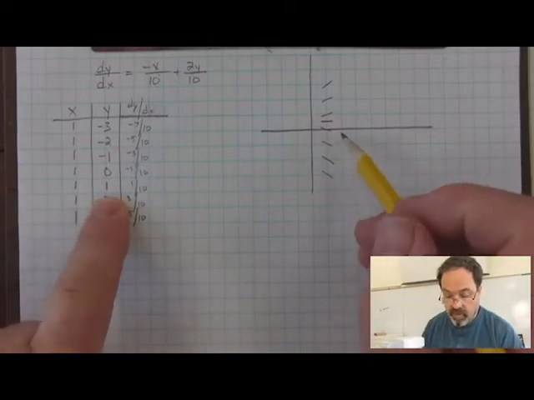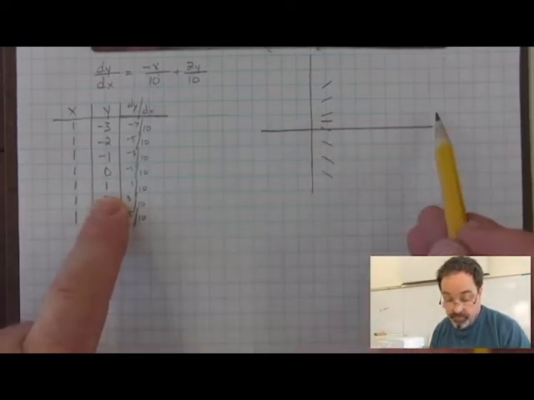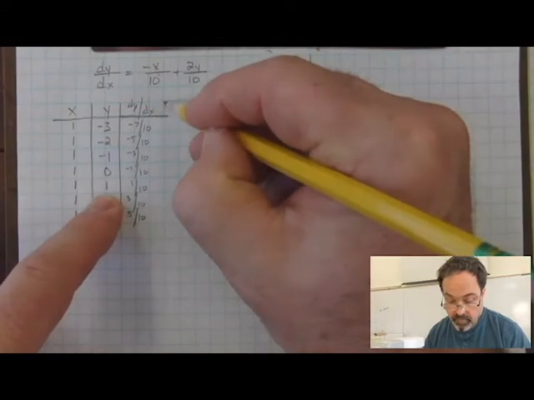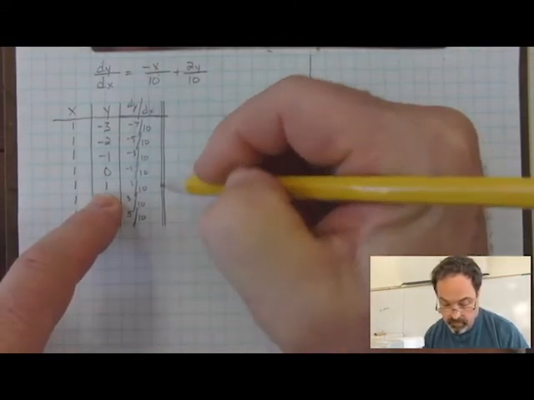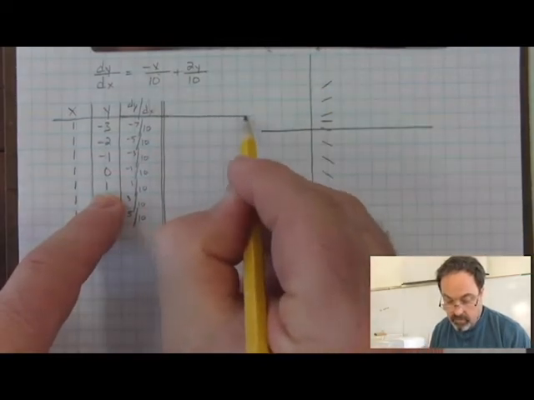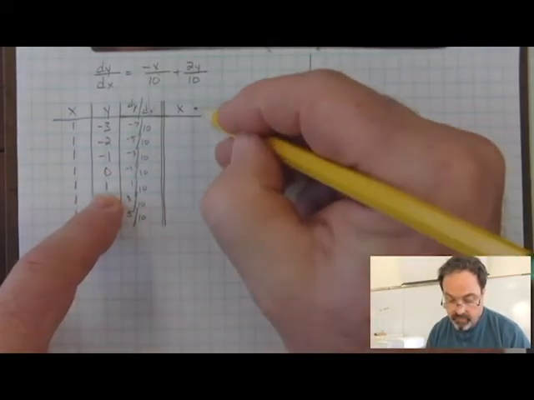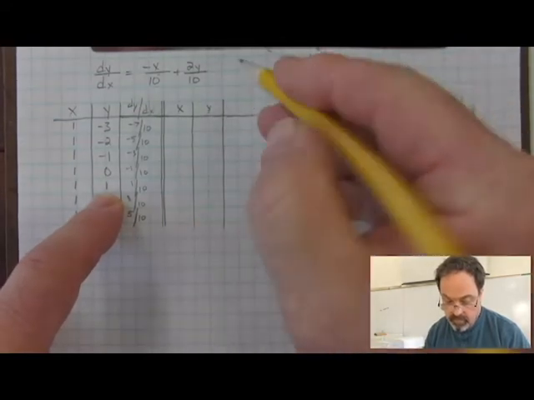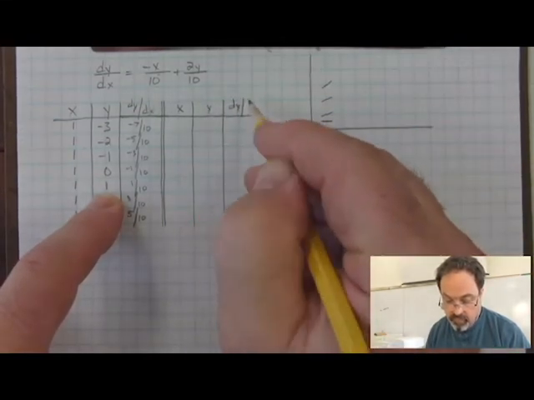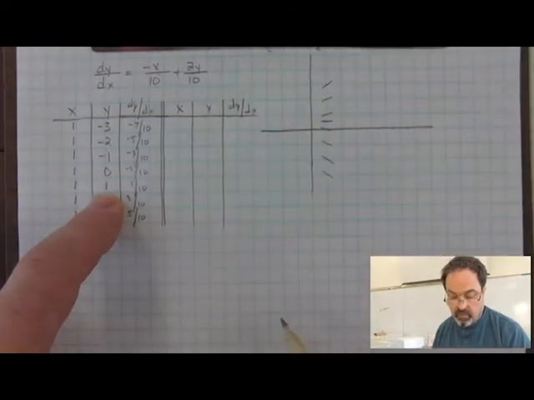Let's get a sense of how it's changing horizontally. So I'm going to add to my table a new column for x, a new column for y, and then the derivative using the equation at that location.